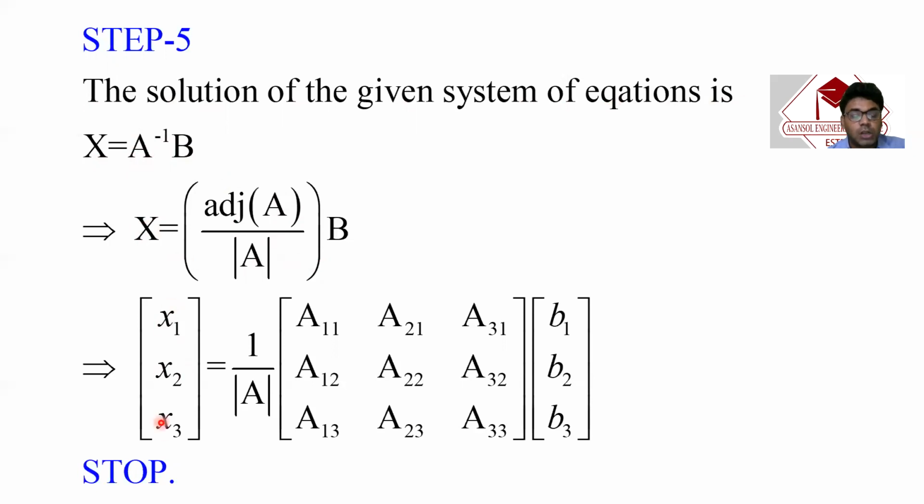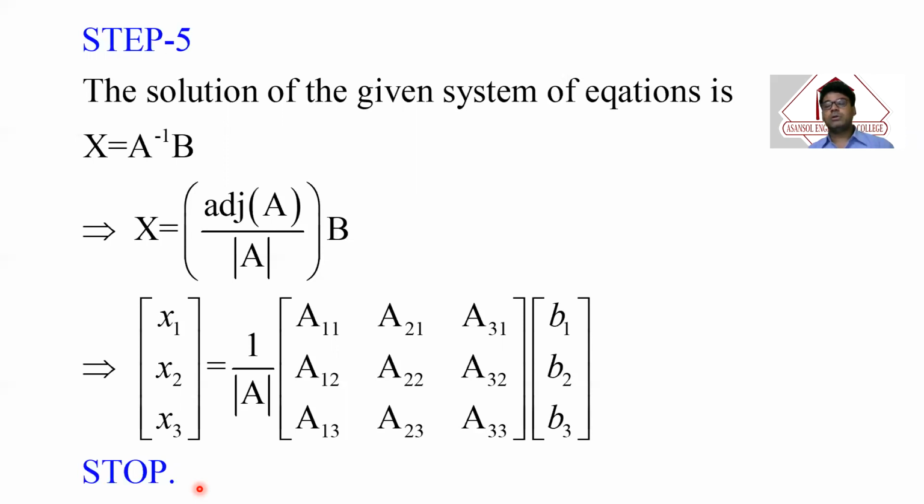X is the column matrix of variables. And this is your adjoint, and 1 by determinant A, times B. So we should multiply with this and find the values of x1, x2 and x3, and stop. So if we follow these 5 steps, then we can find the solution of a system of equations by using the matrix inverse method.